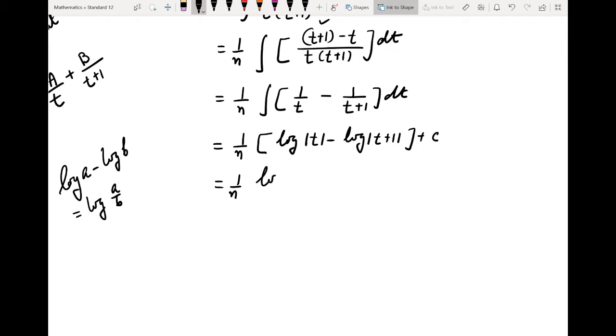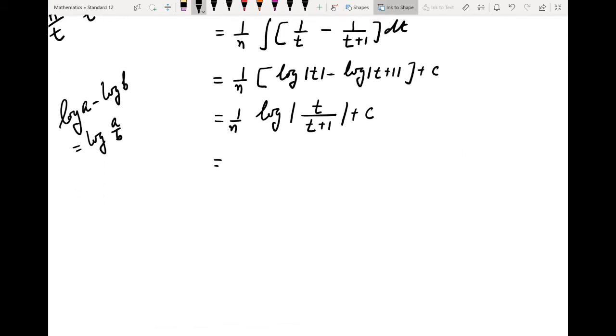So this is log mod t upon t plus 1 plus constant of integration, and put the value of t, which is x raised to n. So this is x raised to n upon x raised to n plus 1 plus constant of integration.